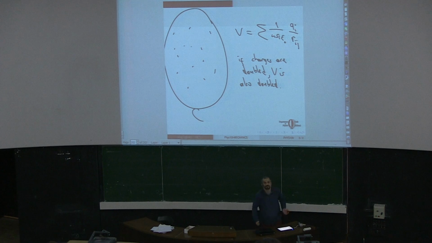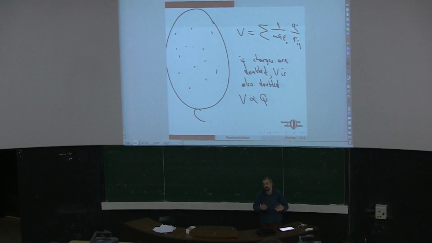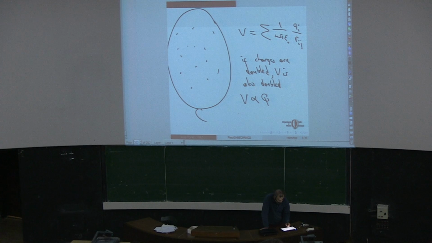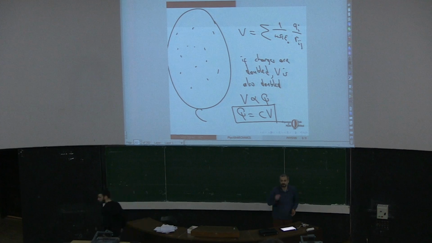Well, this basically tells us that given a charge distribution, the potential should be proportional to the charge of the system or the charge separation, whatever you use to specify your system. And this proportionality constant is what we define as the capacitance of a given system.